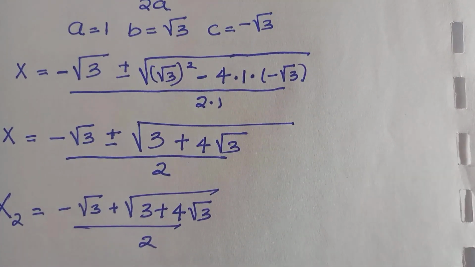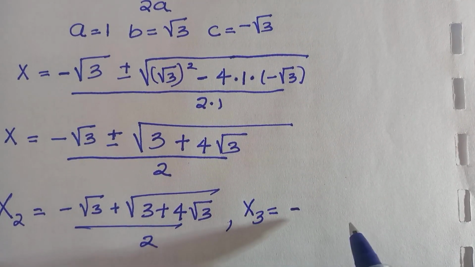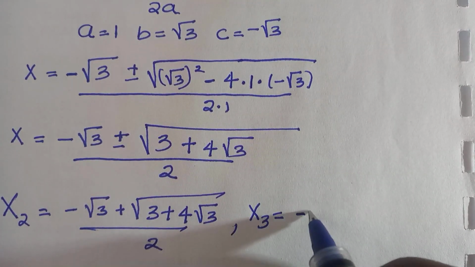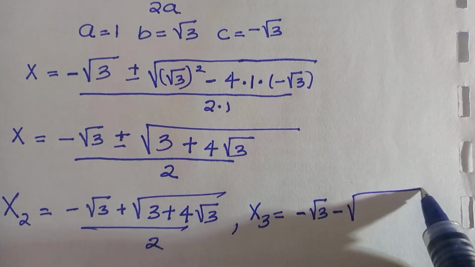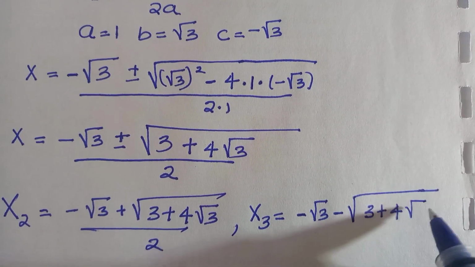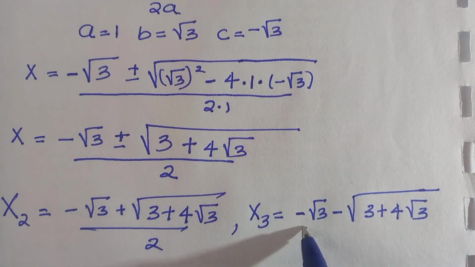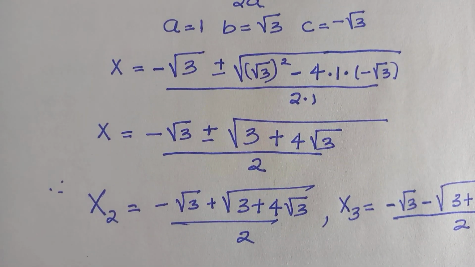And the last root is x3, which equals minus root 3 minus the root of 3 plus 4 root 3, divided by 2. That is the solution for all the roots.